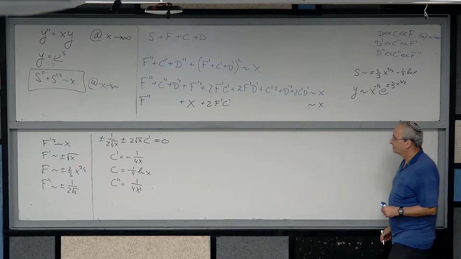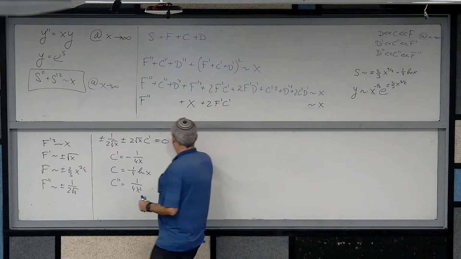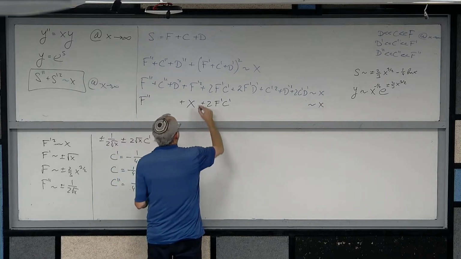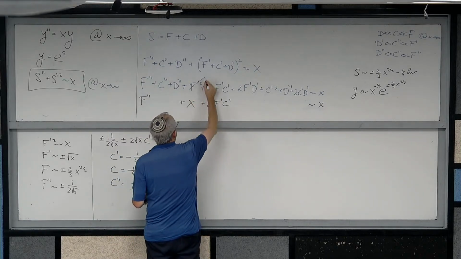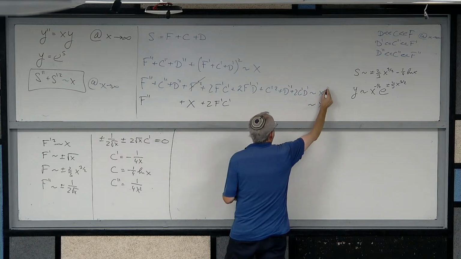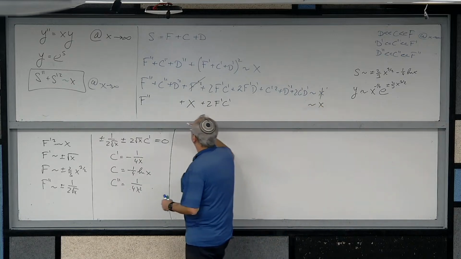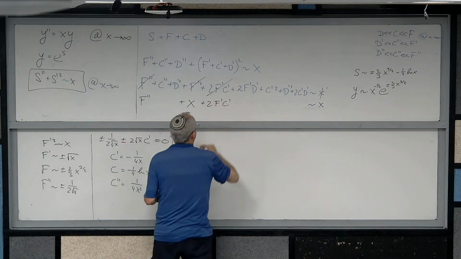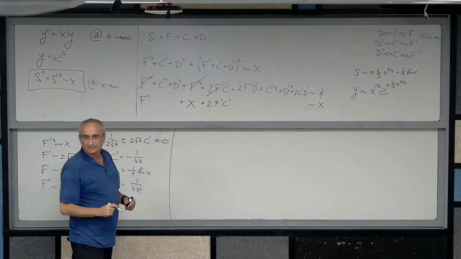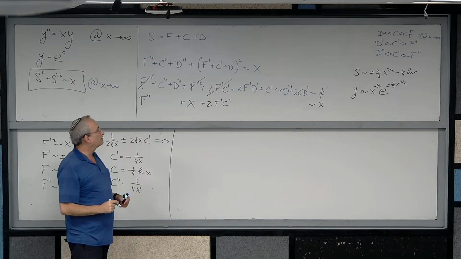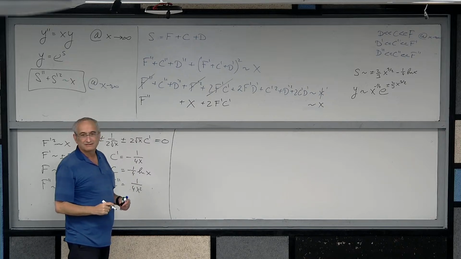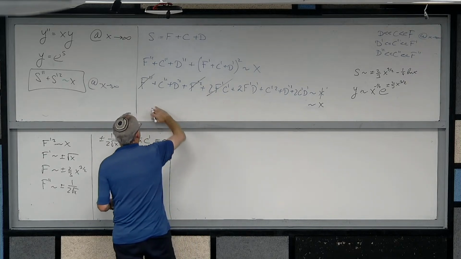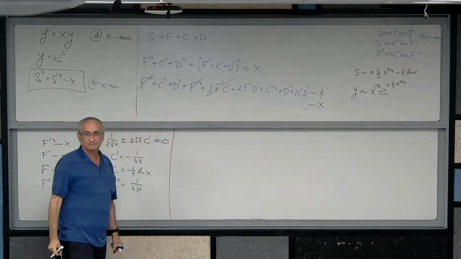Okay? Now, I know that this term is gone with the x, and I discovered that this term and this term cancel each other. So now what will be the next order, if I want to calculate the next order?